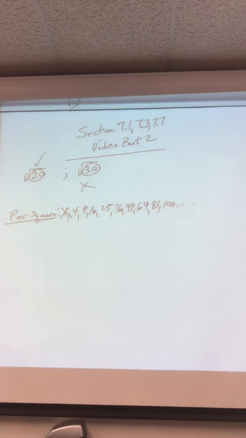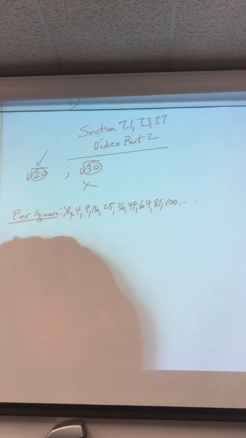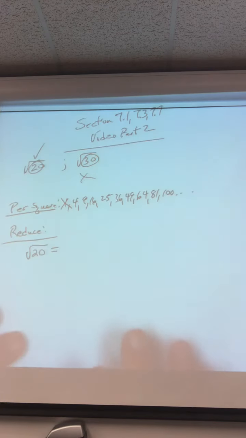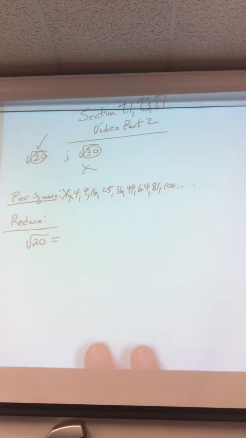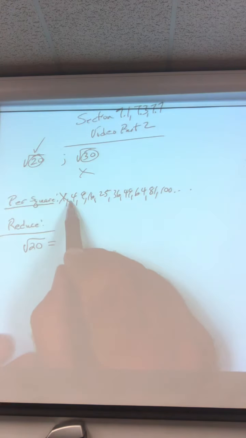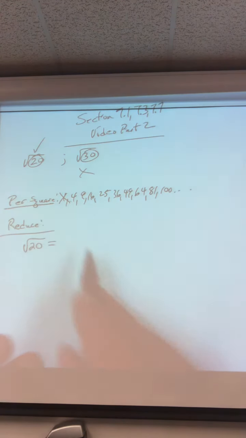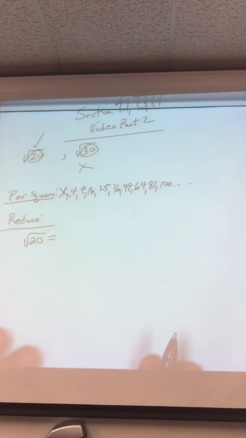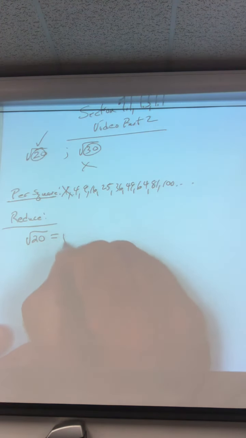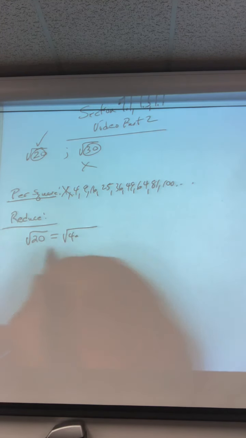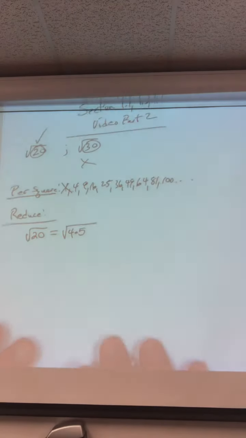All right, so let's look at some examples. So let's reduce square root of 20. We just said this, but I'll ask it again. What perfect square in this list divides evenly into 20? 4 will. So here's what I'm going to do. Rewrite 20 as 4 times, and it divides evenly, 5.